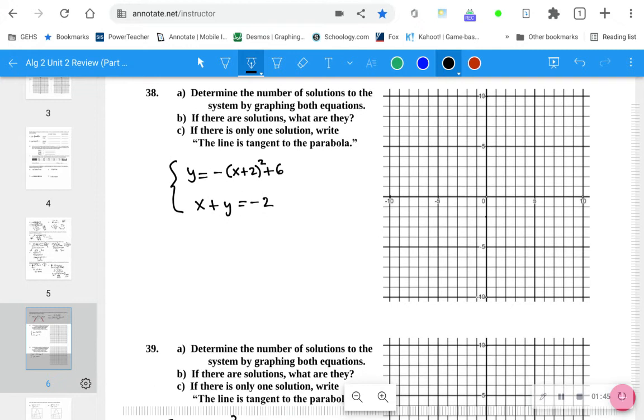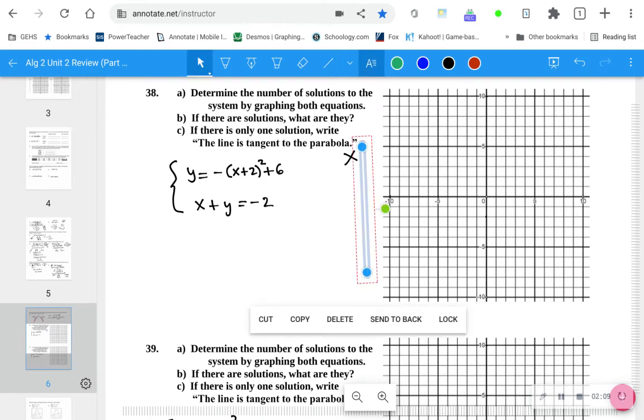We're supposed to graph these and then determine the number of solutions and maybe what those solutions are. Okay, so the first one is a parabola. I'm looking at this top line here. And you can see that its vertex is negative 2, 6. So I'll just set up a t-chart with that in the middle. Let me do a better job of that. I'll draw a line here.